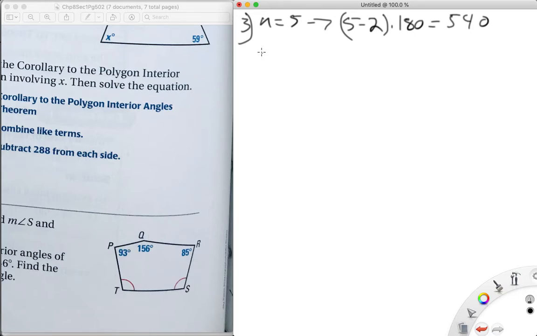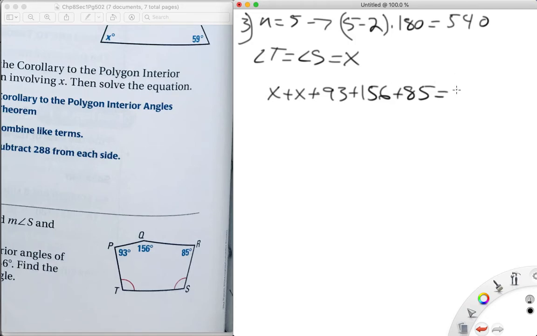I'll say that angle T is equal to x. Angle T is equal to angle S, which is also x. So if we add them all up, x plus x plus 93 plus 156 plus 85 will give me 540 degrees. And I just combine like terms.